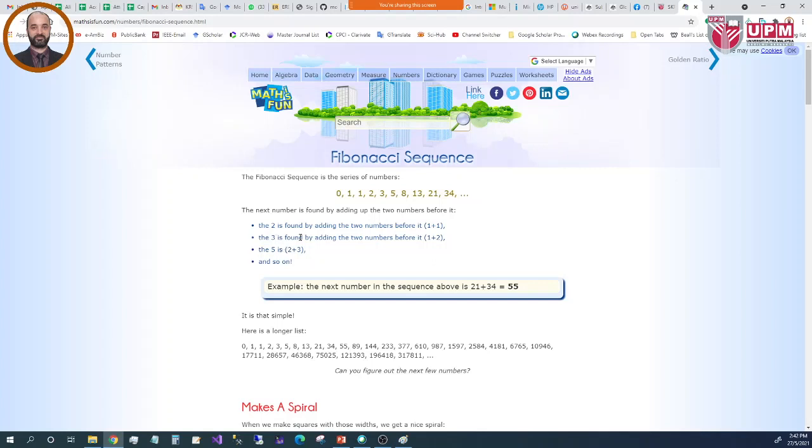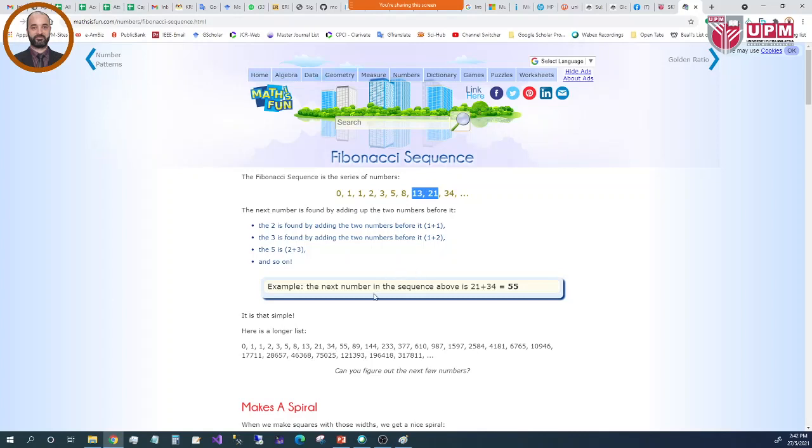The 3 is found by adding 1 and 2. For 5, it is the addition of the two numbers before it. For 8, it's equal to 3 plus 5. 13 is equal to 8 plus 5. 21 is equal to 8 plus 13. 34 is equal to 13 plus 21, and so on.